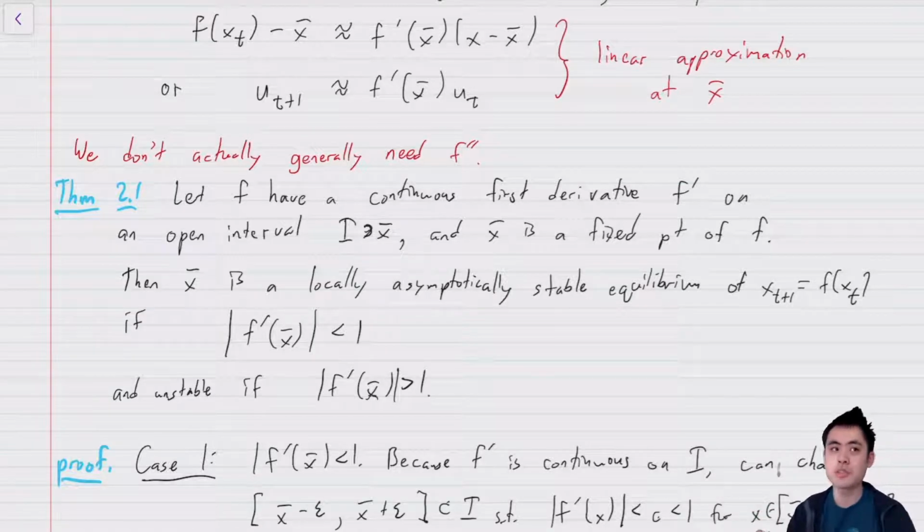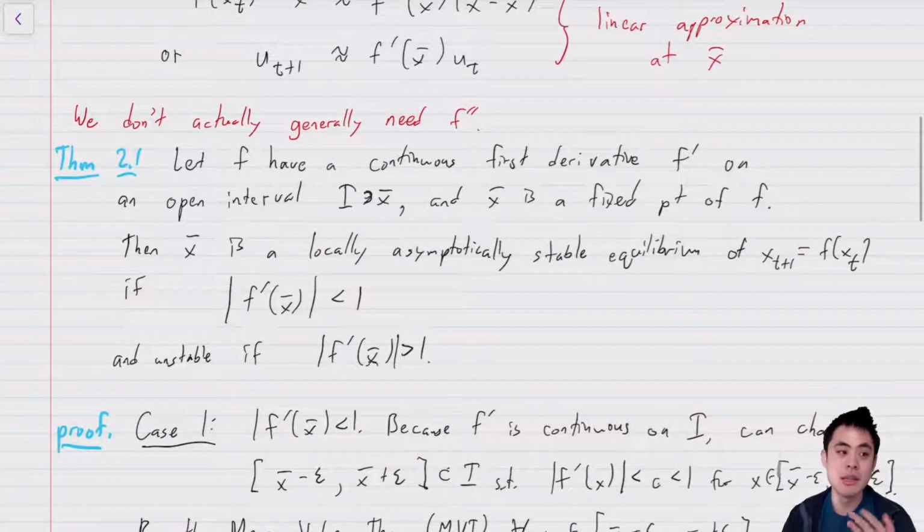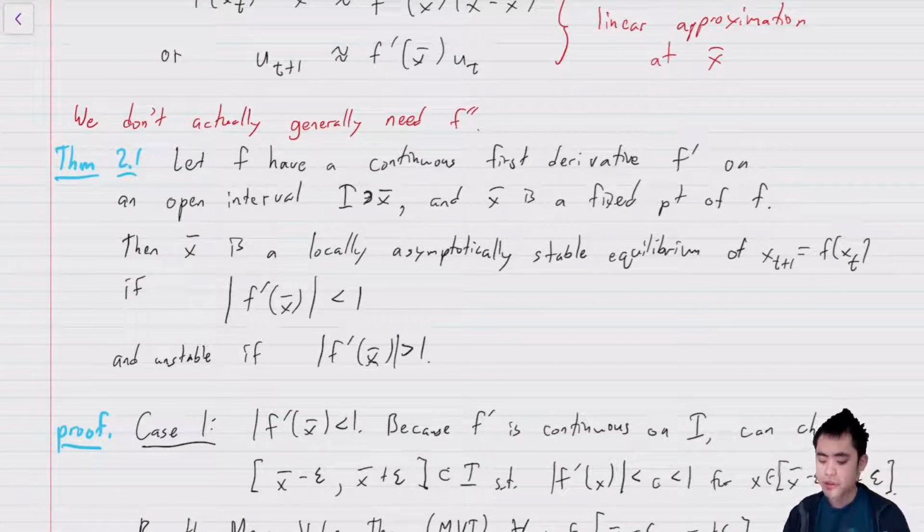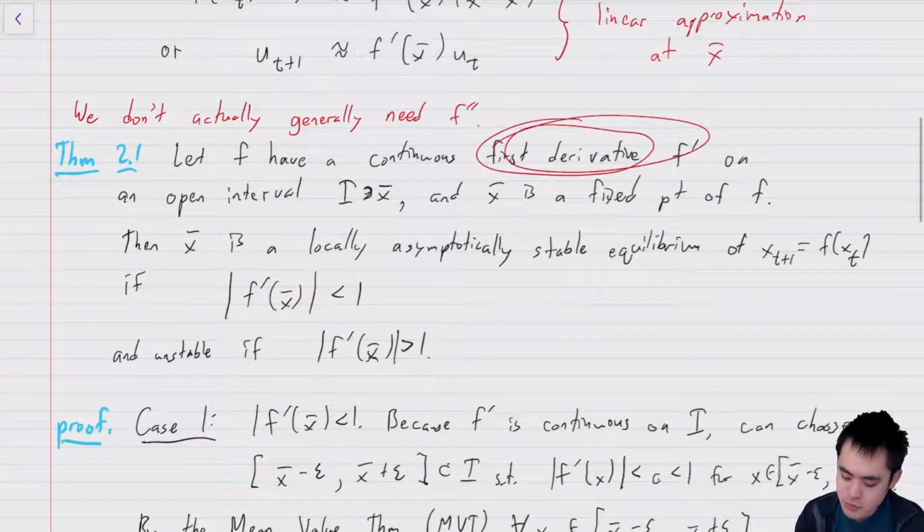That was only to control the remainder term, and if the remainder term is small, then you don't actually care about it in some sense. And so in theorem 2.1, we prove the asymptotic properties of our first-order equation without using the second derivative. We only need a first derivative here.